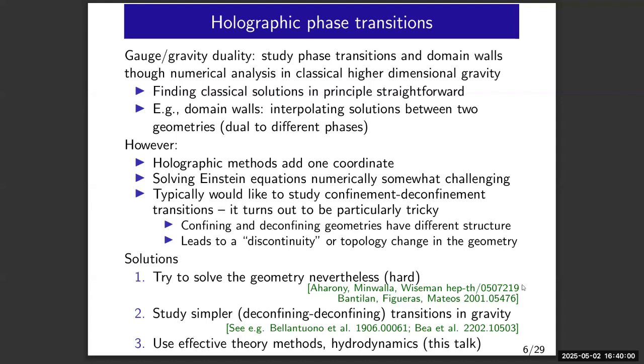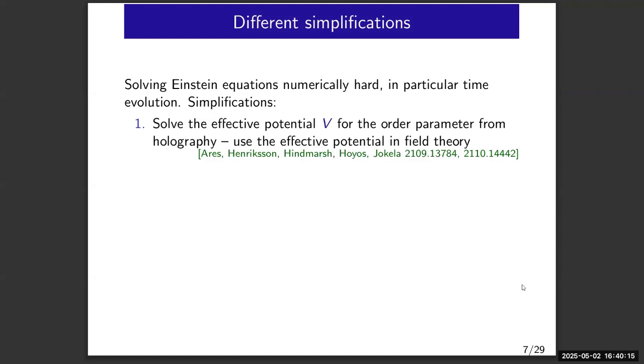There are two different classes of black holes. Or then, what I will be using in this talk is sort of an effective theory or hydrodynamics. And these kinds of effective or hydrodynamic theories have already been addressed in the literature. I mean, there are different simplifications.